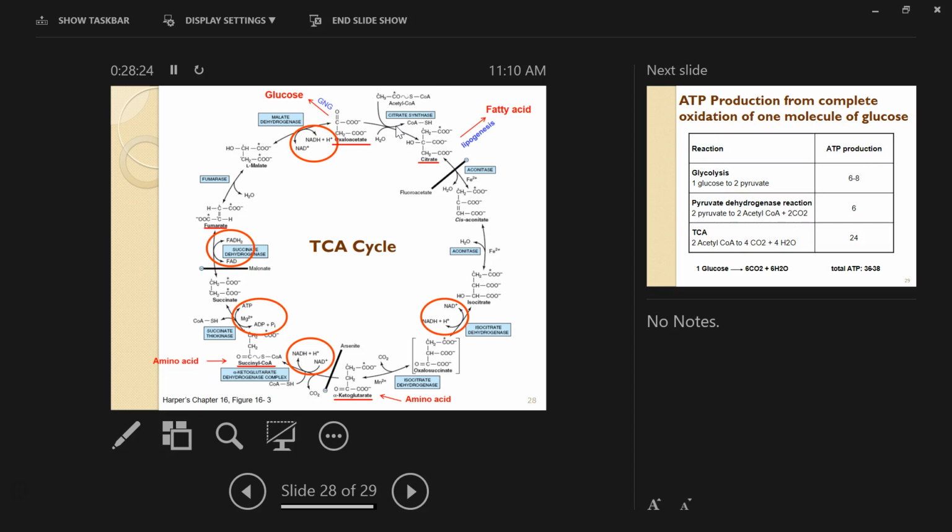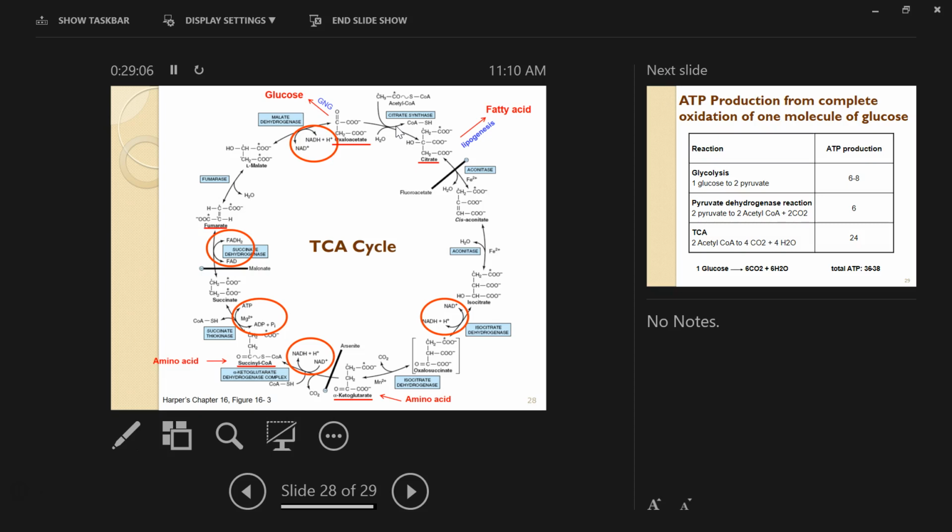And I highlighted several key intermediates in the TCA cycle. Try to remember how these intermediates connect with the other metabolic pathways. Citrate, a key intermediate in the TCA cycle, can be used for fatty acid synthesis. And oxaloacetate is a key molecule that can leave the TCA cycle for gluconeogenesis, right?